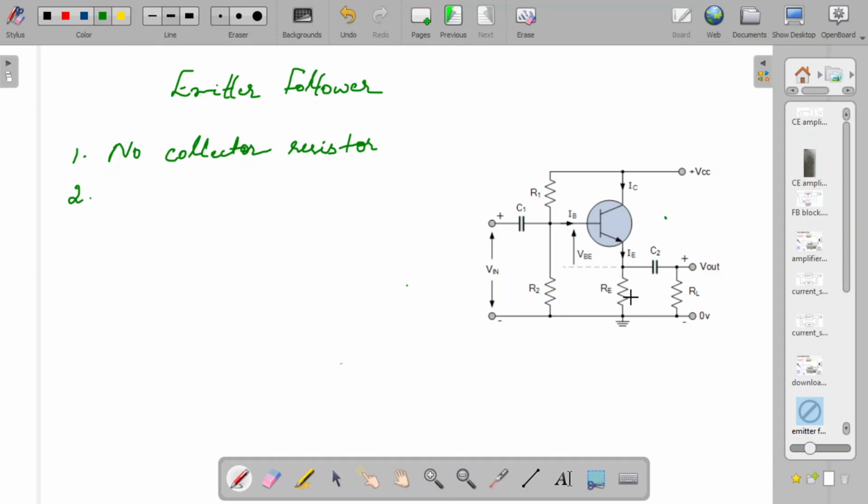That is not seen here. So we can say that there is no emitter bypass capacitor. And what you see here, C2, is actually a coupling capacitor for taking the output signal. So it is not the bypass capacitor. A bypass capacitor usually comes parallel to Re.